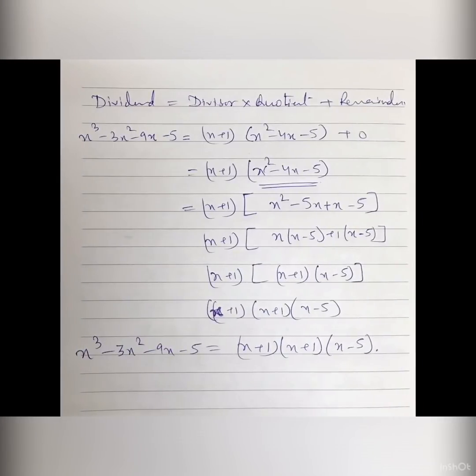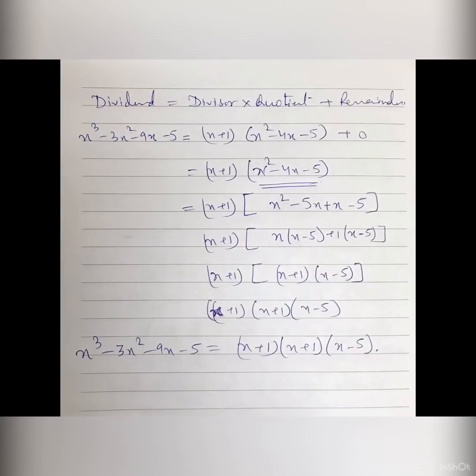Now, division algorithm is dividend is equals to divisor into quotient plus remainder. Remainder is 0. So, x cube minus 3x square minus 9x minus 5 is equals to x plus 1 into x square minus 4x minus 5.